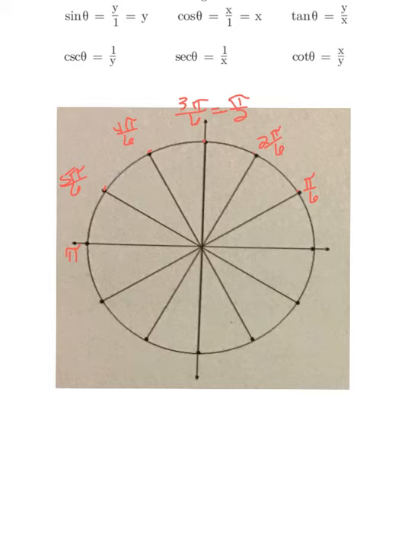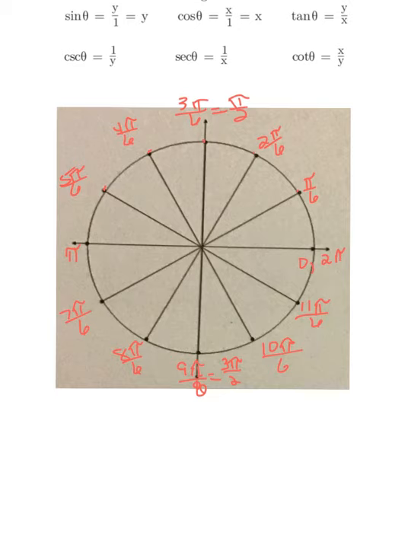If you go to the bottom two quadrants and continue that pattern, we would have 7 pi over 6, 8 pi over 6, 9 pi over 6, which is 3 pi over 2, 10 pi over 6, 11 pi over 6, and then 12 pi over 6 is 2 pi. This is also 0, don't forget that.